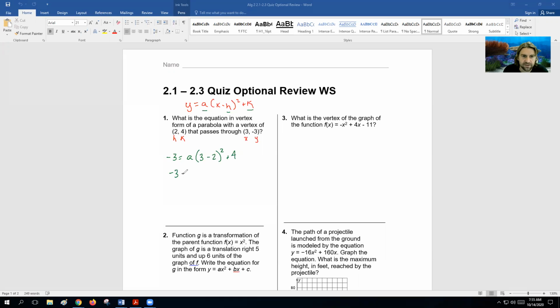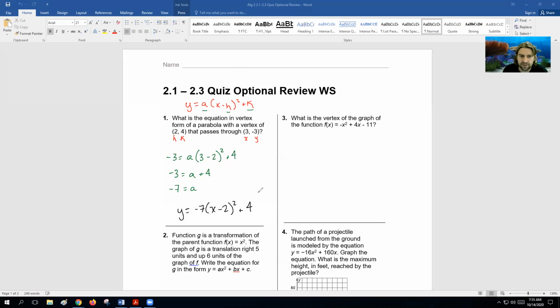So negative 3 equals, 3 minus 2 is 1, 1 squared is 1, so 1 times a is just a, plus 4. We can subtract the 4 over, so a would equal negative 7. So our final answer would be y equals negative 7 times (x minus 2) squared plus 4. There we go.